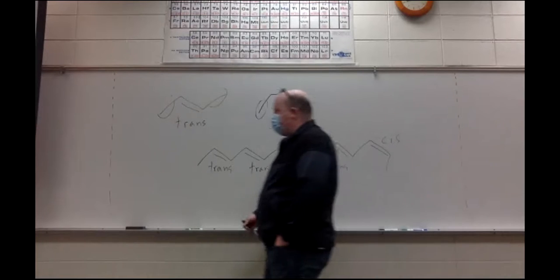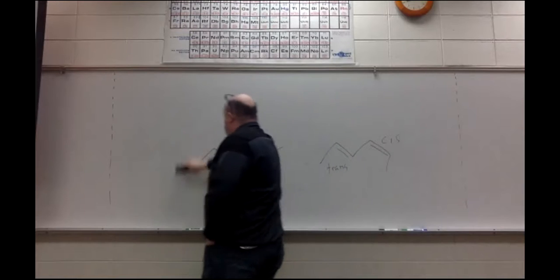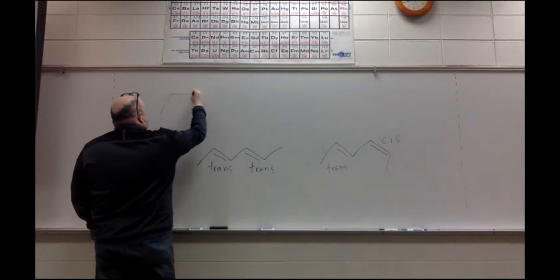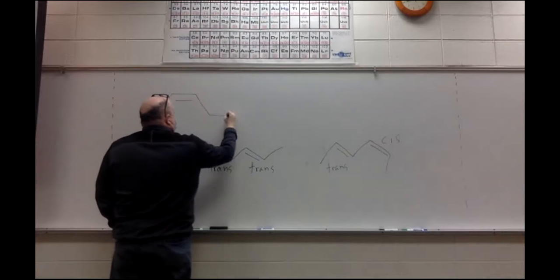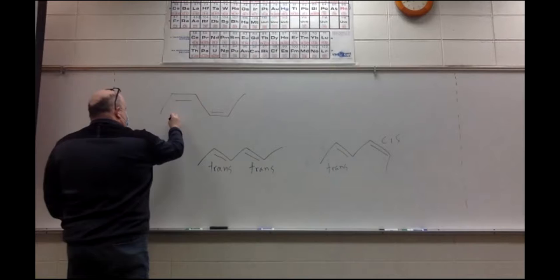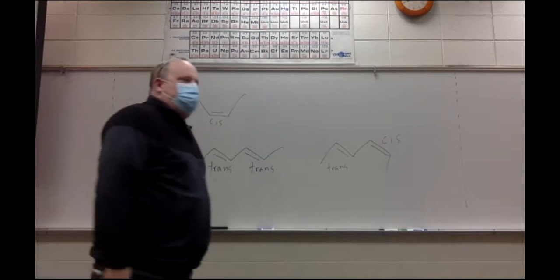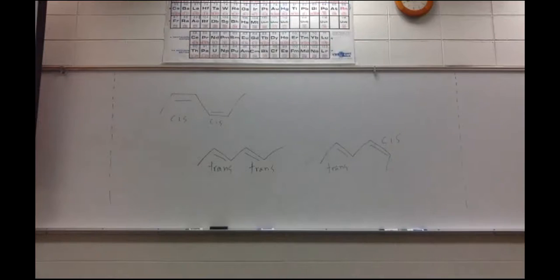You could have cis-cis, something like this. So you see, within a conjugated diene, you can have more than two double bonds. You can have 3, 4, an infinite number. So you see lots of different possibilities that exist for cis and or trans arrangements.